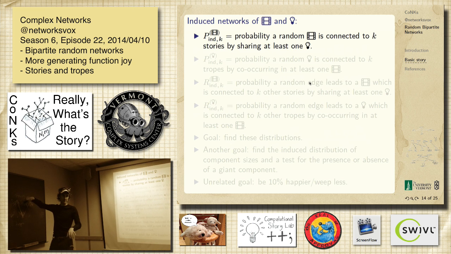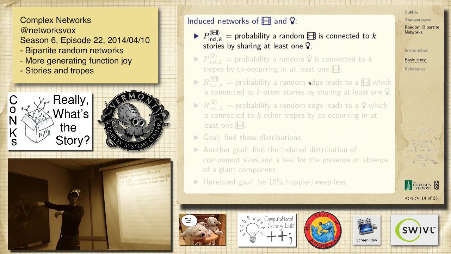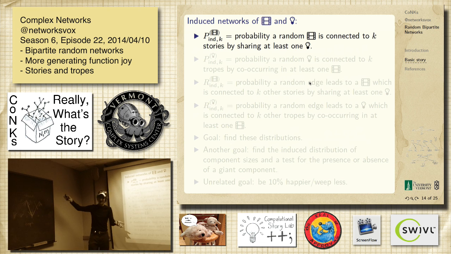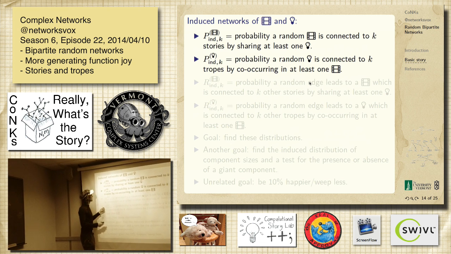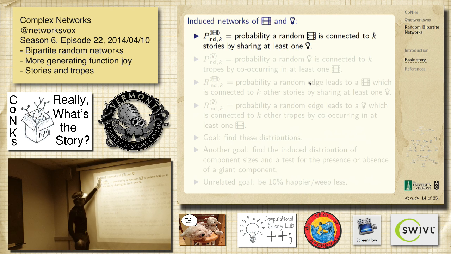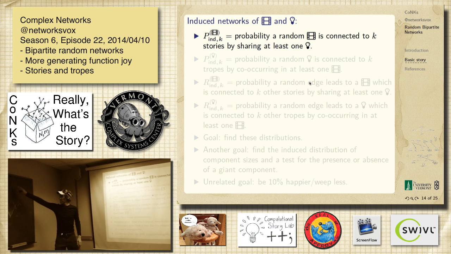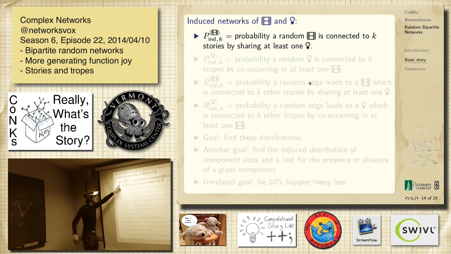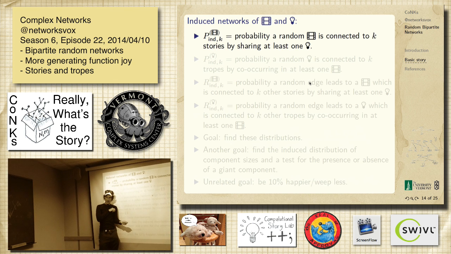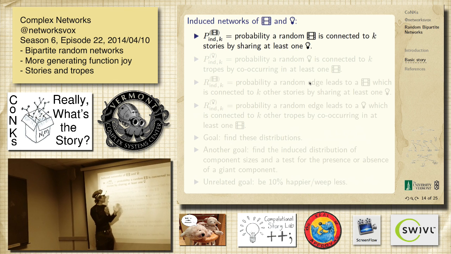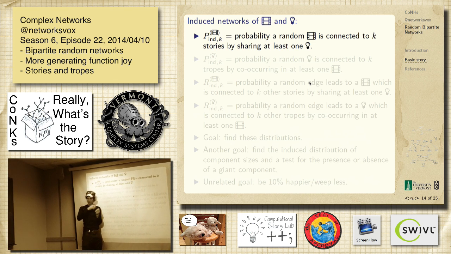We'd find the generating function before, at least an equation which has the generating function in it. We'd like to get to that too, but let's just do the degree distributions to start with. So we look at the induced network up here, and this is the probability that a randomly chosen story in that network has k other stories connected to it, and they're connected if they have at least one trope in common.